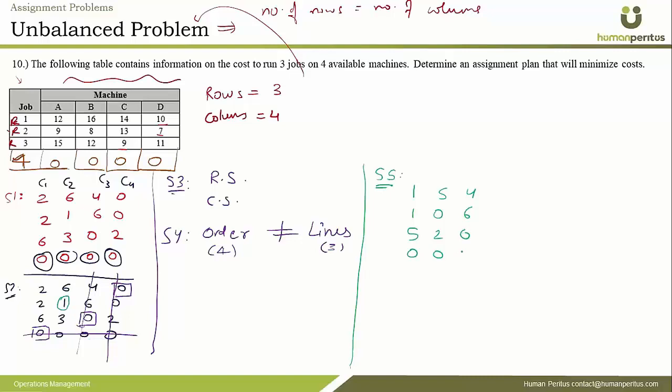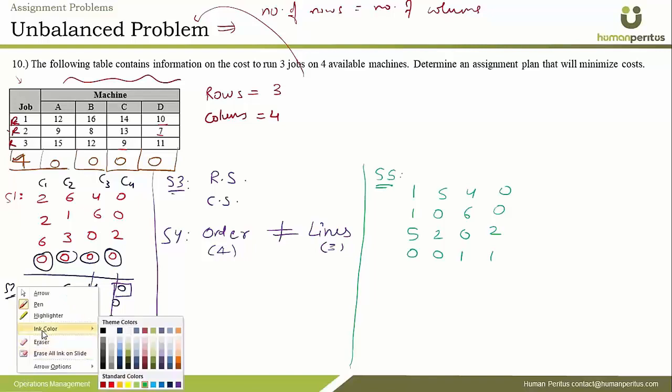The 1 is added to this 0, which becomes 1, then 0, 0, 2, 1. So what I did, I took the smallest value and subtracted it from all of these unassigned terms. I did not change the terms which have been underlined, but I added this term at the junction points where vertical and horizontal lines cross each other. Right? So this is my matrix.